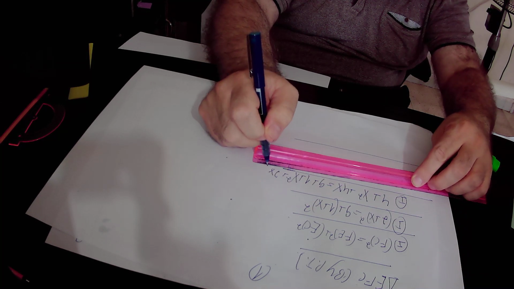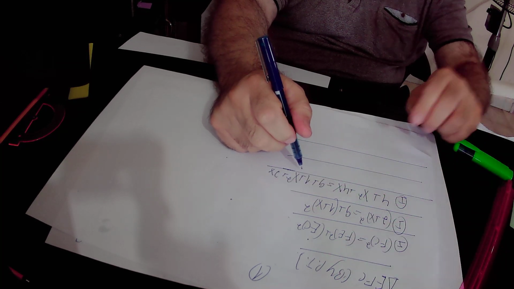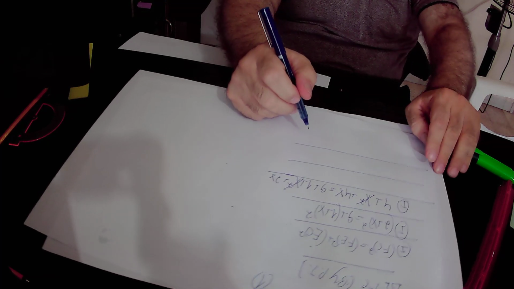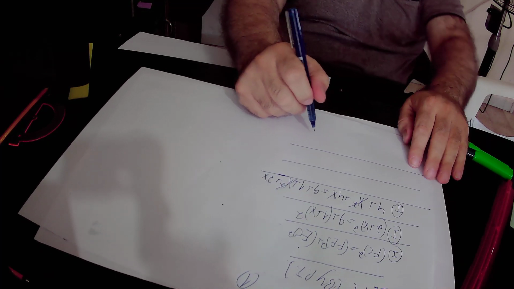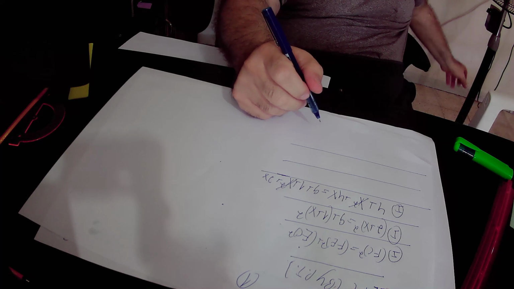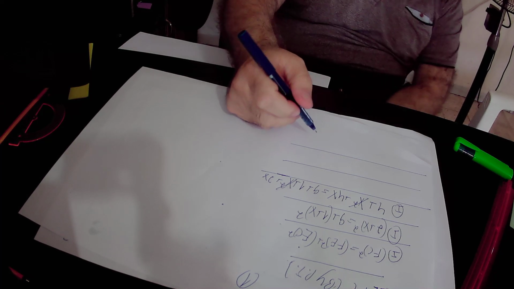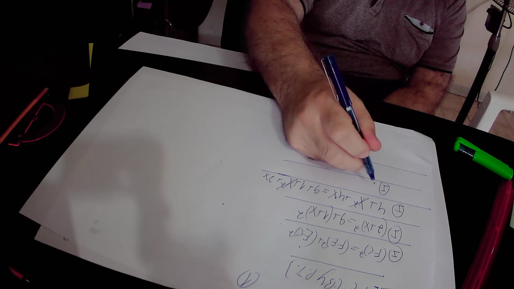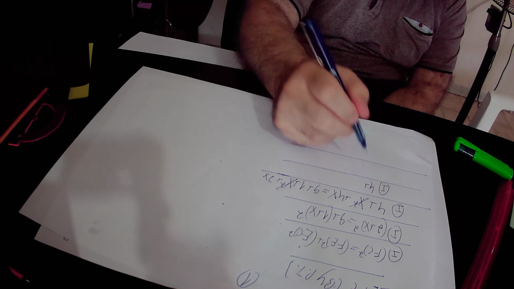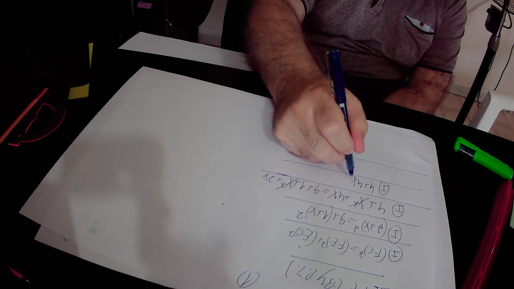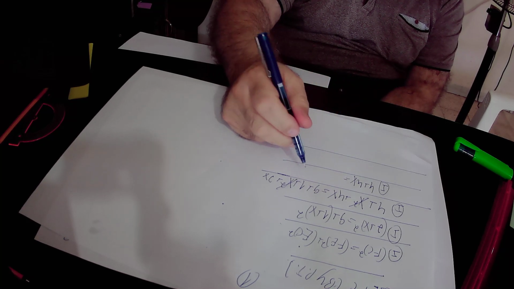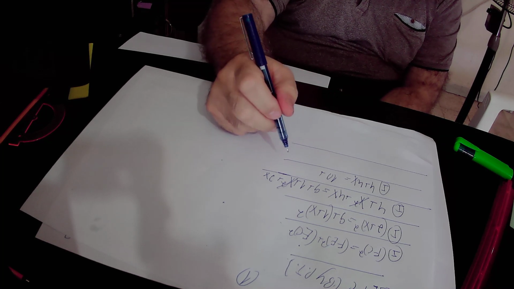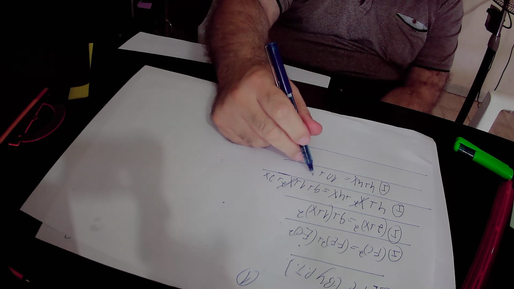So here we have x squared on both sides of the equation, so x squared will get cancelled. So what is left from equation number 1 after we cancel x squared? On this side of the equation we have 4 plus 4x, and it is equal to 9 plus 1, which is 10, plus 2x.